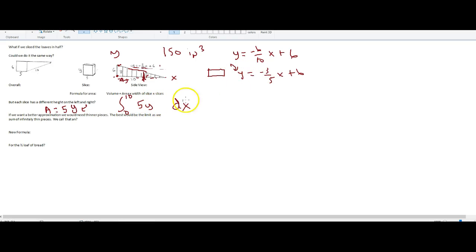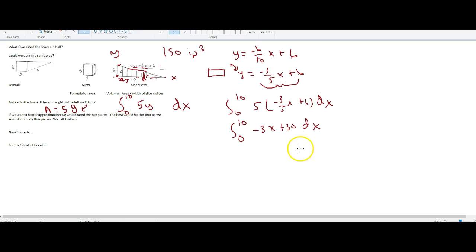So I'm going to replace the y with this mess. And I get the integral from 0 to 10 of 5 times (-3/5 x plus 6) dx. And I've got the integral from 0 to 10 of, those 5's cancel out, -3x plus 30 dx. Agreed, just the distributive property, we know how to do that.